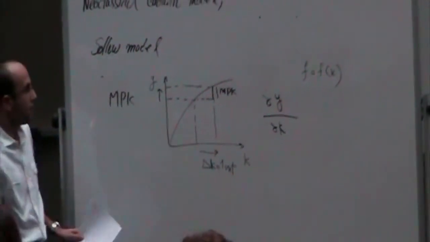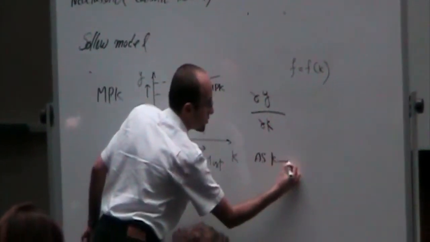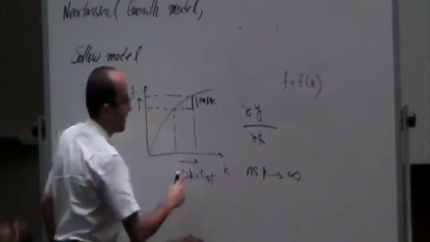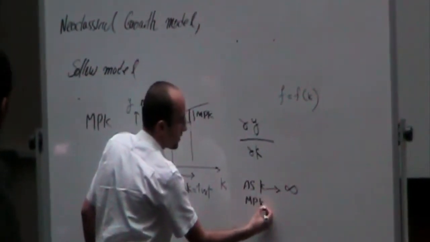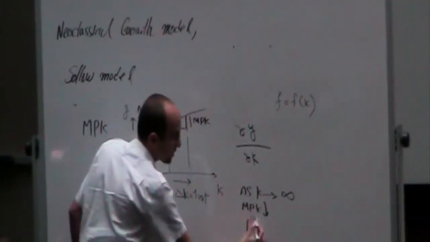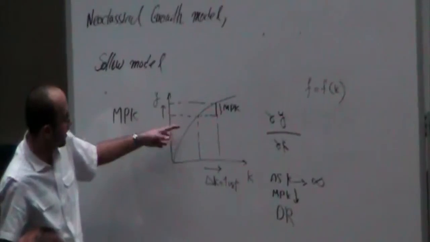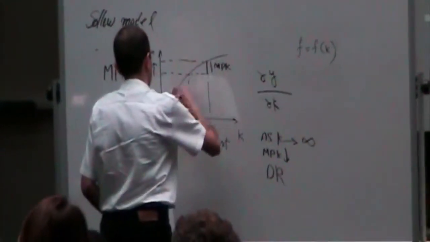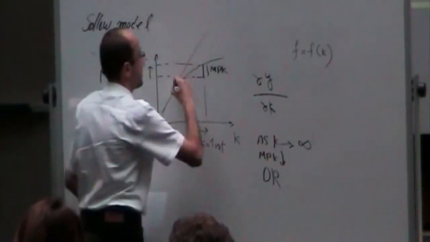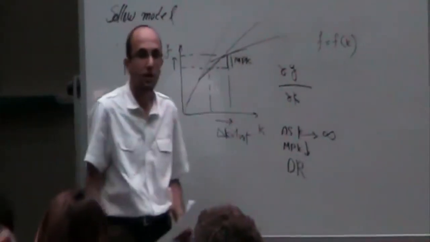As you see, as K increases, MPK is lowering and has a diminishing return because the slope gets flatter and flatter. It's obvious that this slope is different here than here. This states something very important.